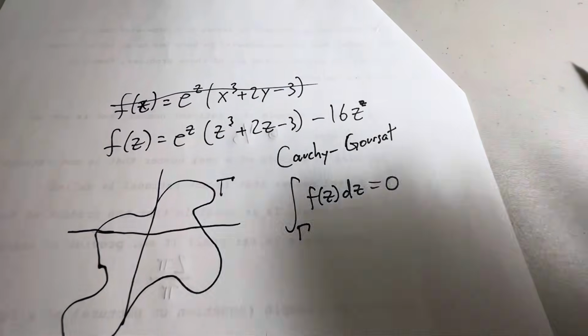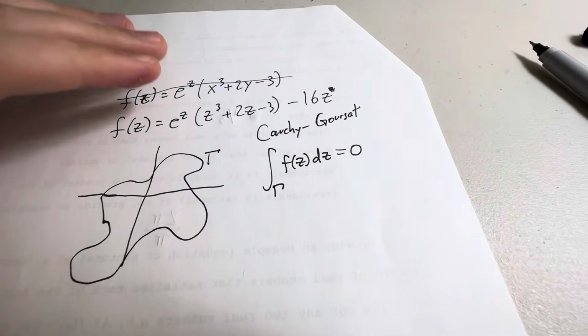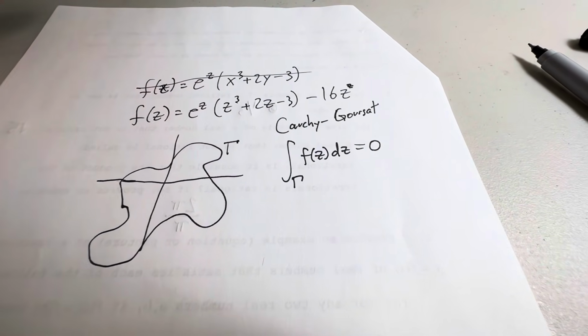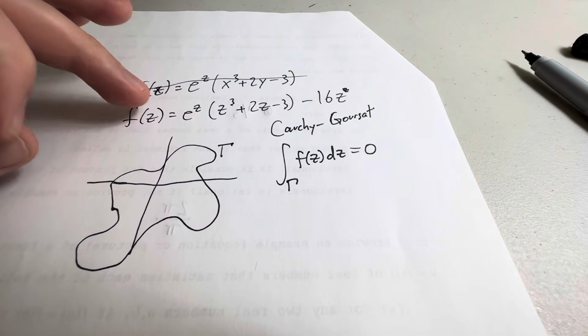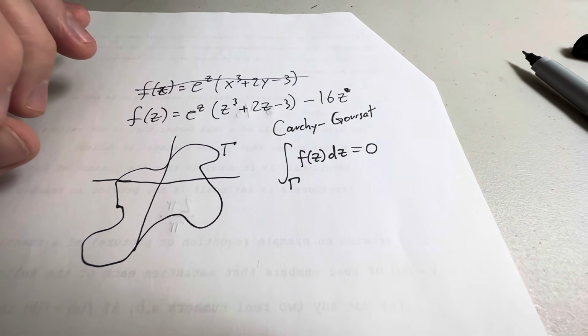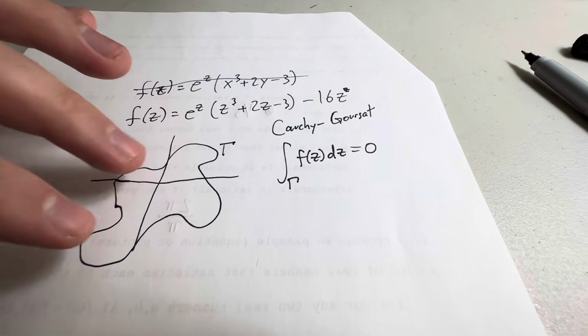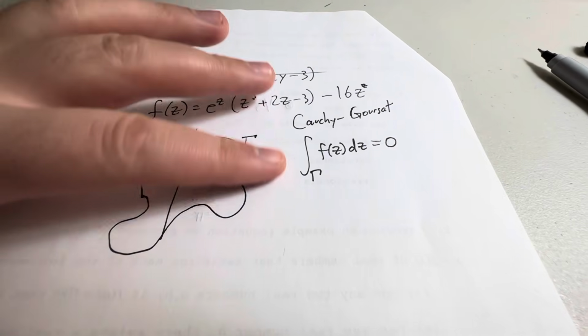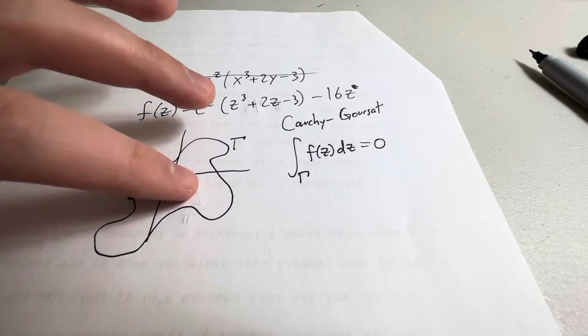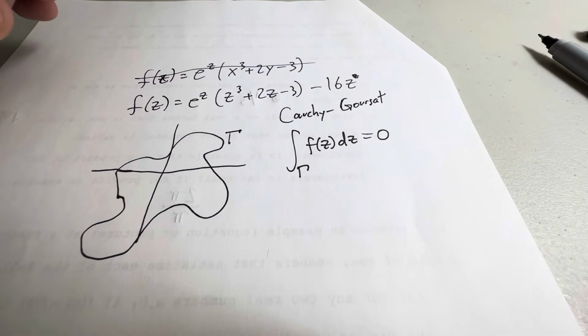The Cauchy-Goursat theorem essentially says, well, I'm just repeating myself, but if you have a closed curve like this, and you have a function that's analytic in a neighborhood that surrounds gamma, then when you integrate on that curve, you're going to get 0.